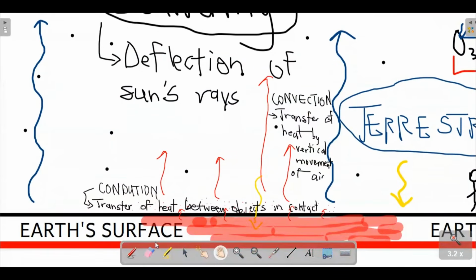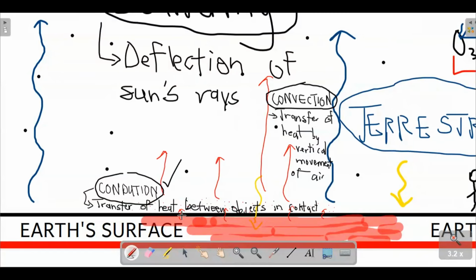So let's not mix up conduction and convection. Conduction is the transfer of heat between two objects that are in contact. For example, if you hold someone's hand, let's say your hand is warm, and you hold the hand of someone whose hand is cold, that person's hand will eventually get warm, right? So you transferred your heat to their hand.